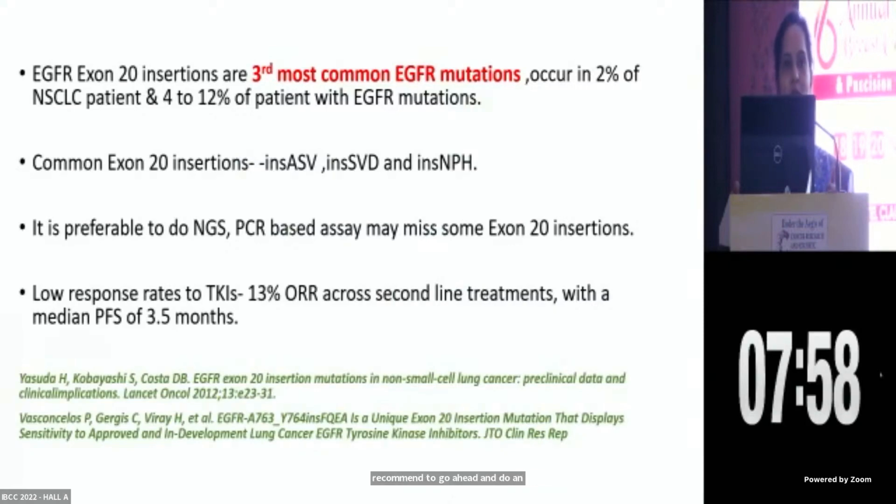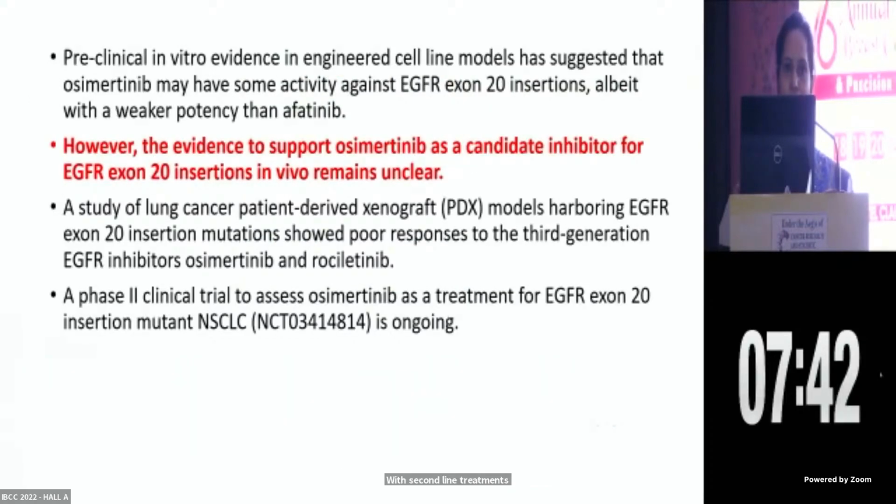It may sometimes pick up an exon 20 insertion mutation. Across all literature, there is a low response rate to TKIs, up to 13% overall response rate with second line treatments as well, with a median PFS of 3.5 months.